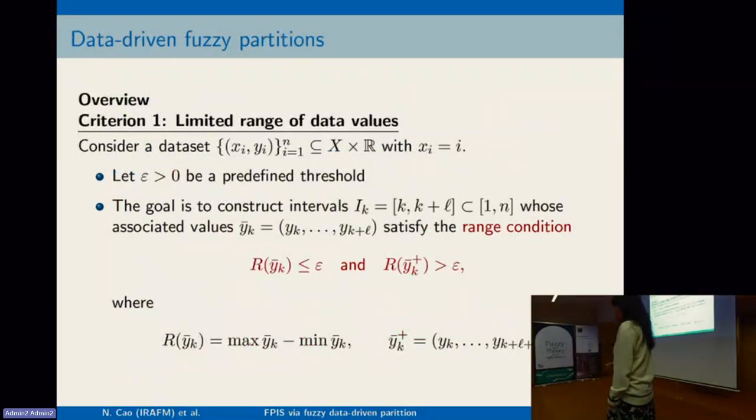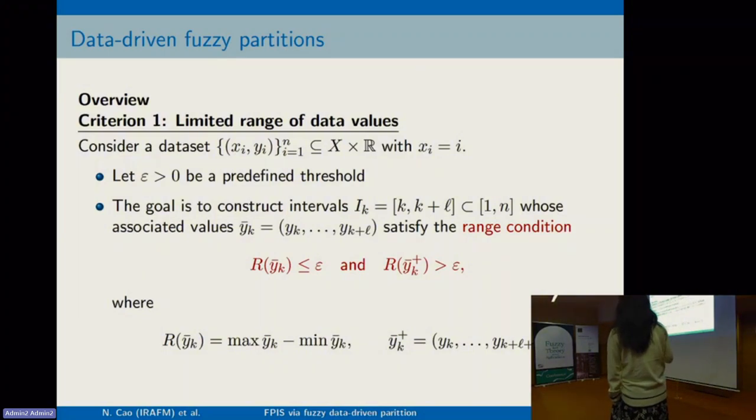So we try 3 criteria. And the first one is quite simple. We base it on the limit of the range of the data values. It means we first need to predefine a threshold epsilon. We need to limit it.